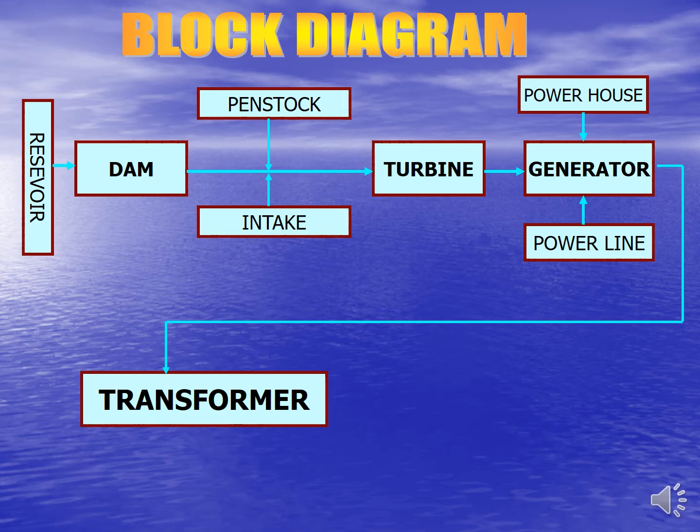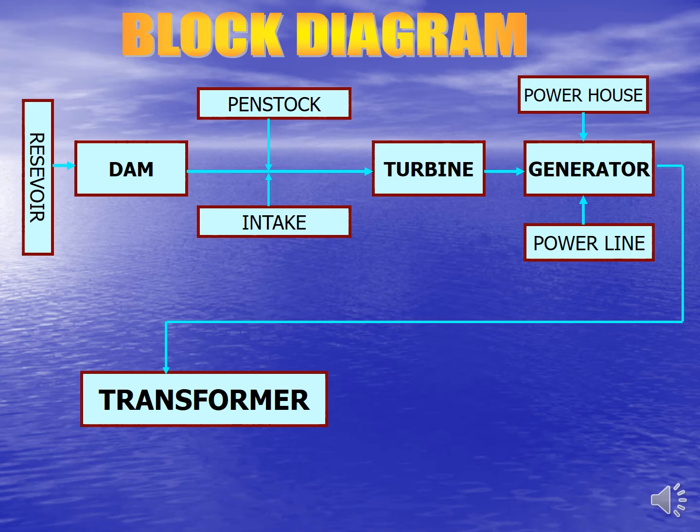Through the pipe we supply the water to the turbine from high level to low level. When the turbine rotates, electricity is generated, and through the transformer you can supply the electricity to the city. So this is the block diagram.